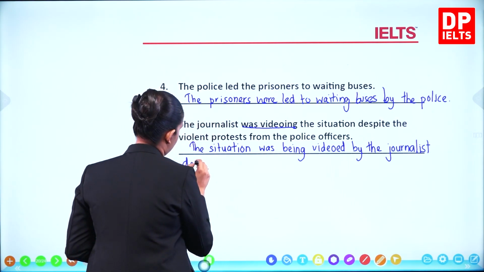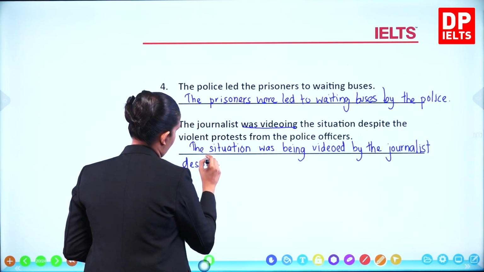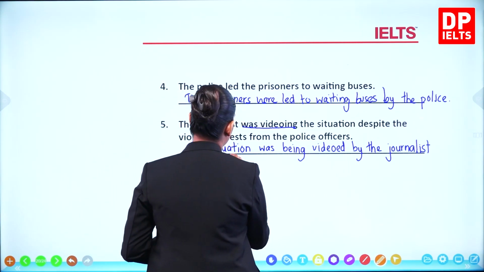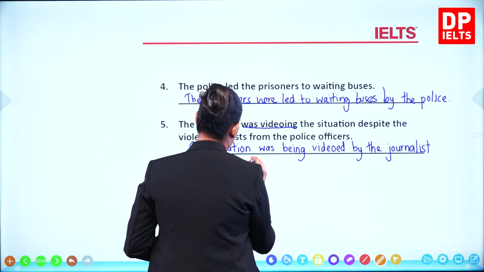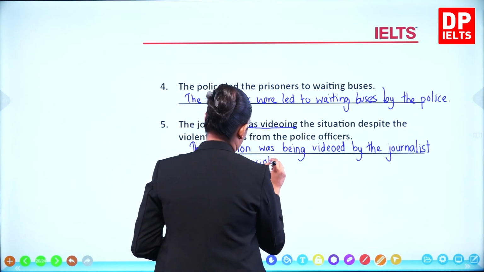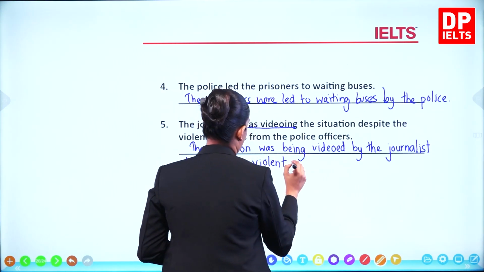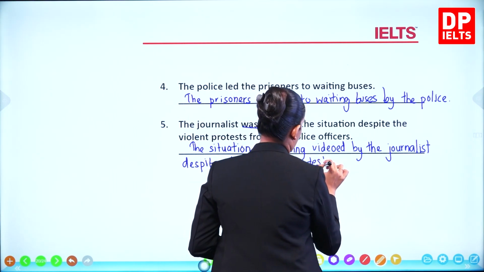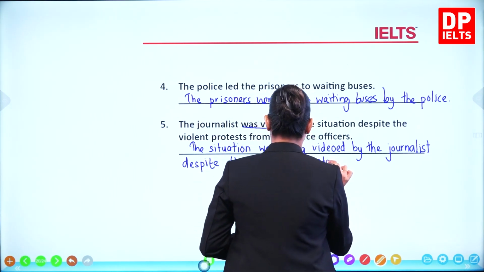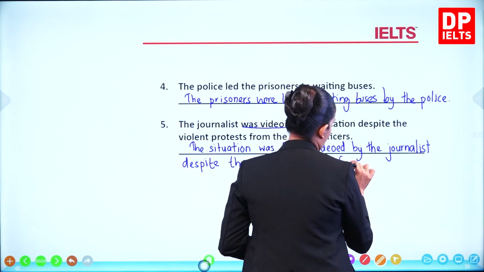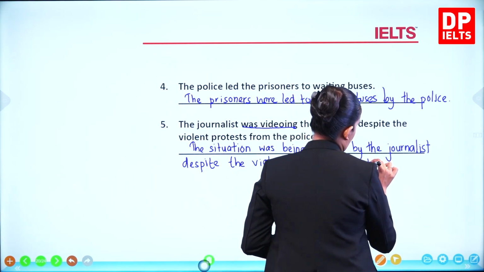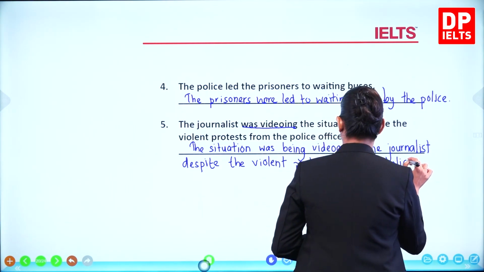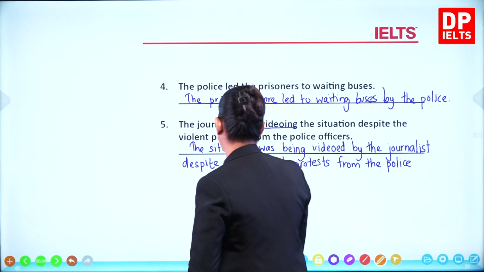despite the violent protests from the police officers. Don't say police, okay? They are police officers.